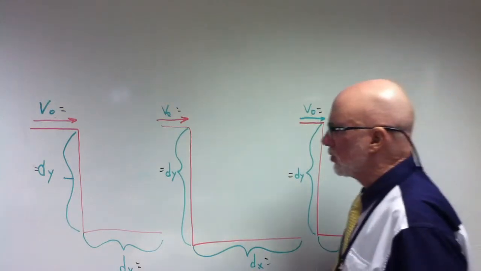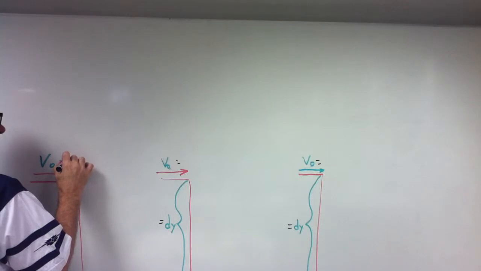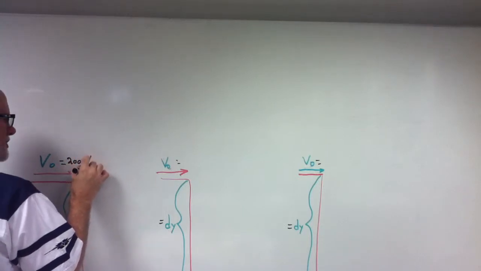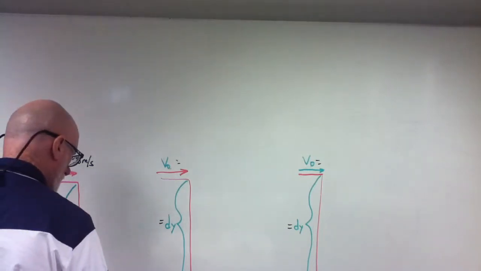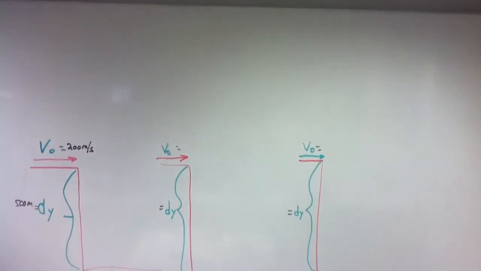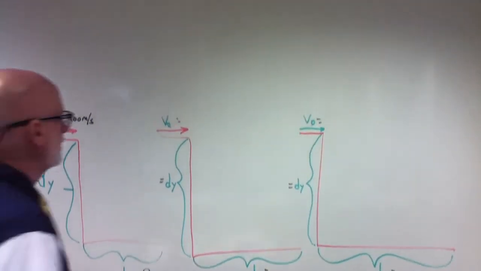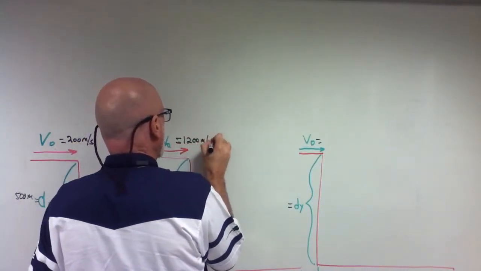This one, we'll say, is going to be 200 meters per second. This one is going to be 500 meters, and then this is what we're looking for. This one is going to be 1,200 meters per second.